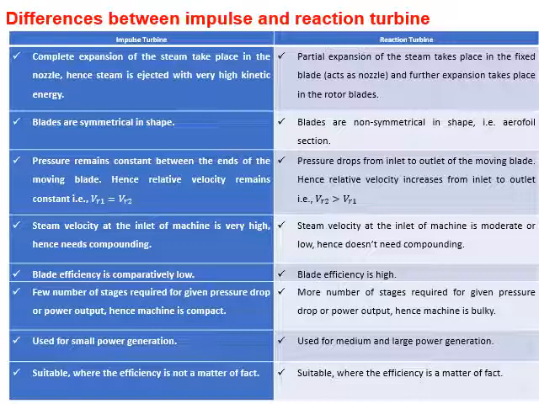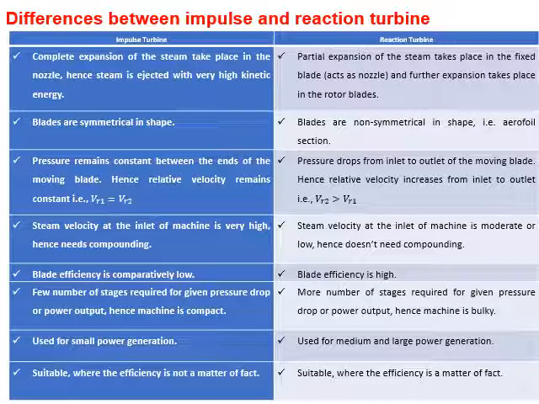But in a reaction turbine the relative velocity at outlet is not equal to the relative velocity at inlet. Here the relative velocity at exit is always more than at inlet, so VR2 is greater than VR1. Steam velocity at the inlet of the machine is very high, hence it needs compounding. So in the case of an impulse turbine, compounding is necessary.